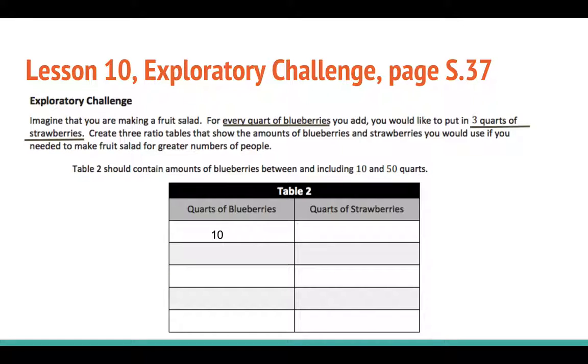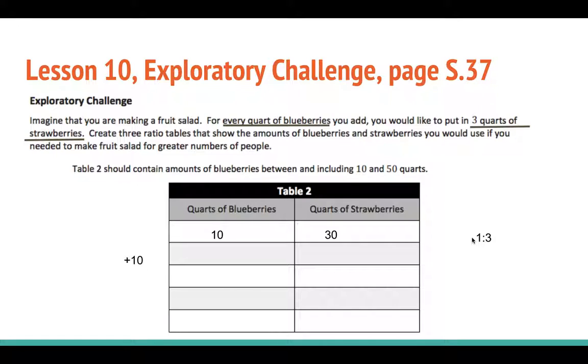Now, they told us to include 10 quarts of blueberries. Because we had 10, if you remember, our ratio was 1 to 3, that means our quarts of strawberries is 30. That still gives me a ratio of 1 to 3.